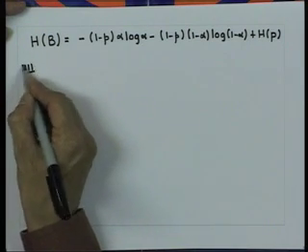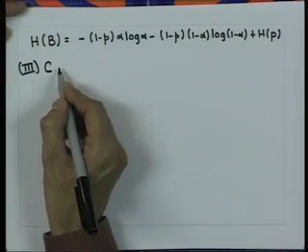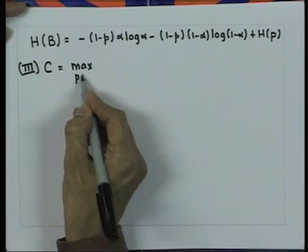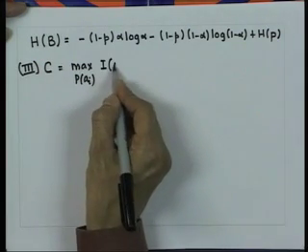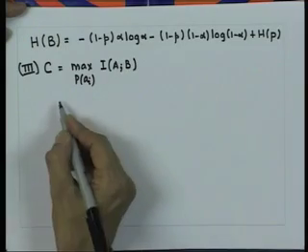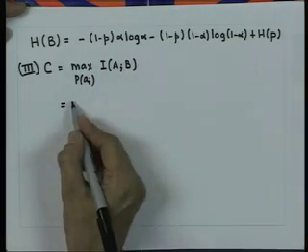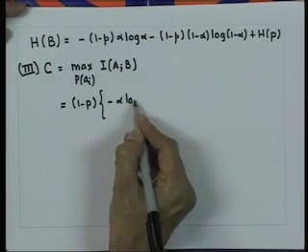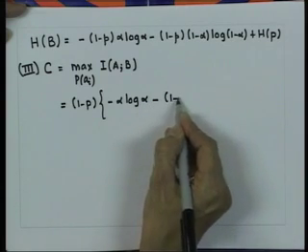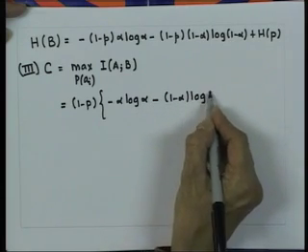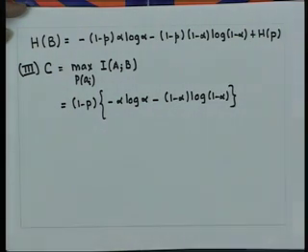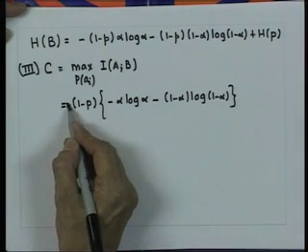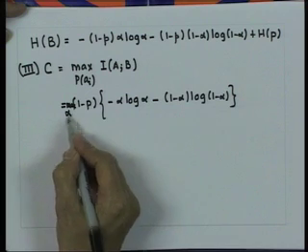Therefore, finally, to calculate C, which is equal to the maximum over P(A_i) of I(A;B), this is equal to 1 minus P into minus alpha log alpha minus 1 minus alpha log 1 minus alpha, maximized over alpha.